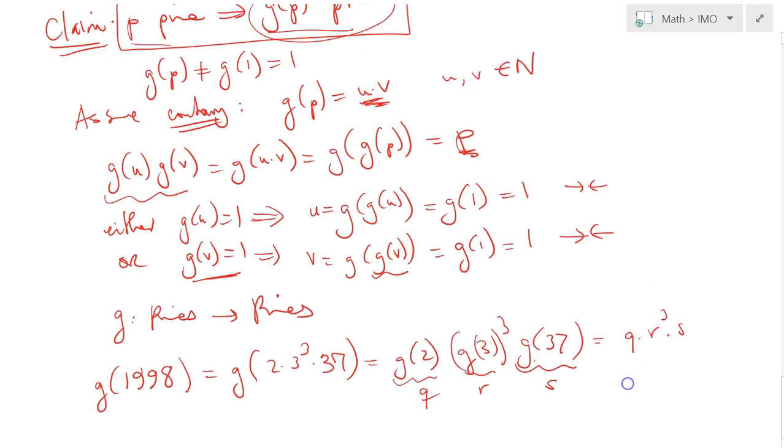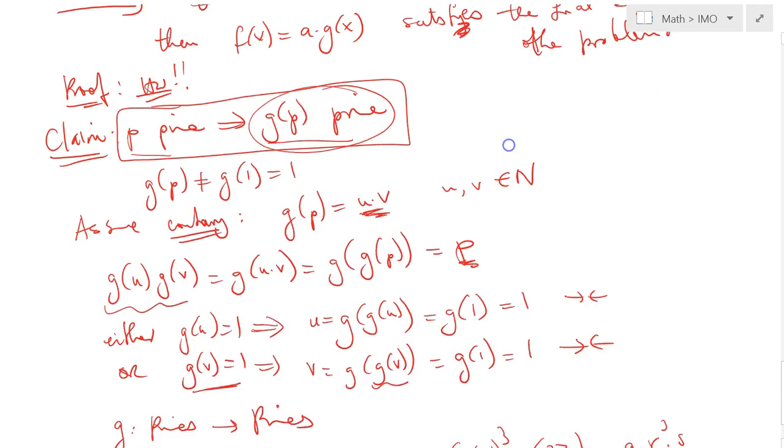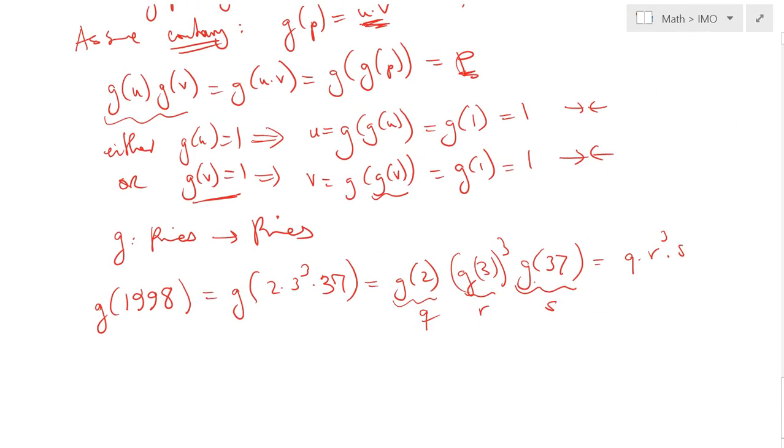Because the function g we established earlier was an injection, a one-to-one function, this implies that q, r, s are distinct primes.